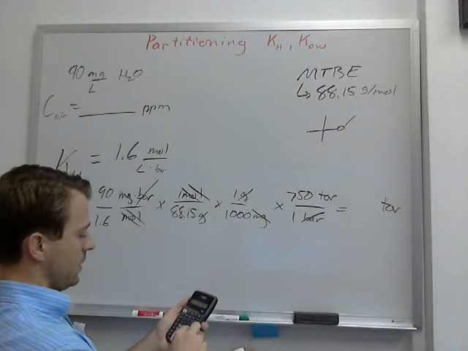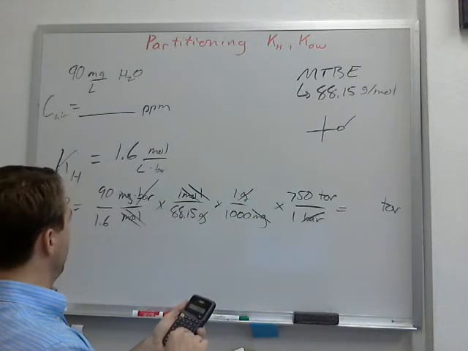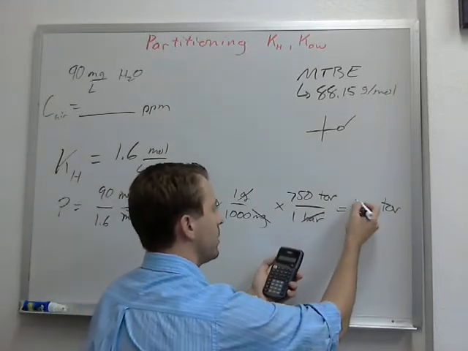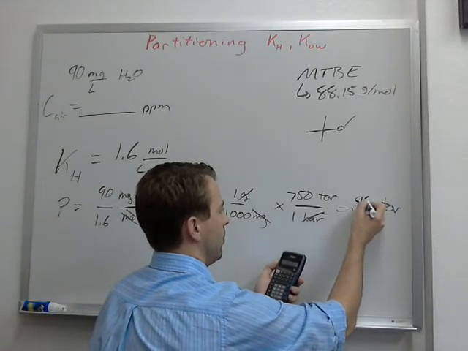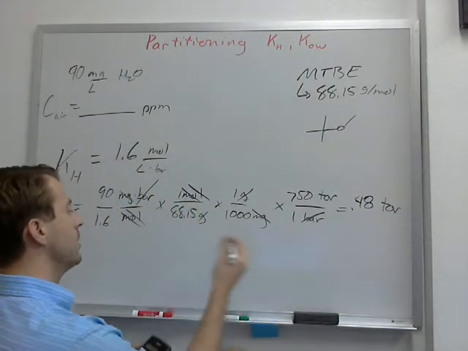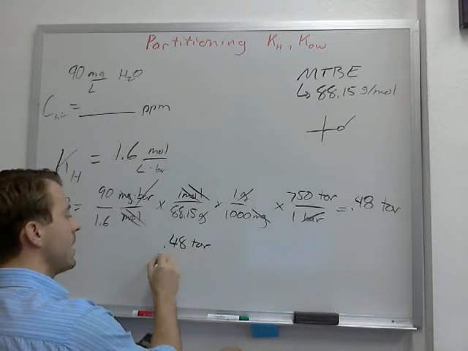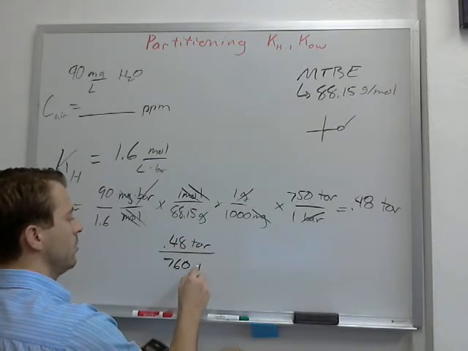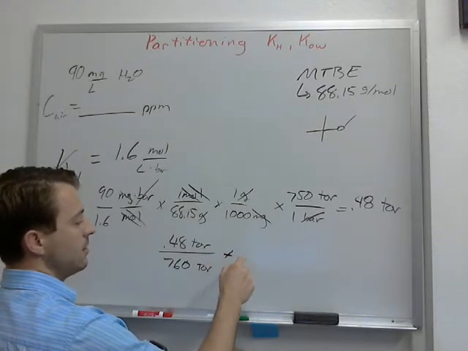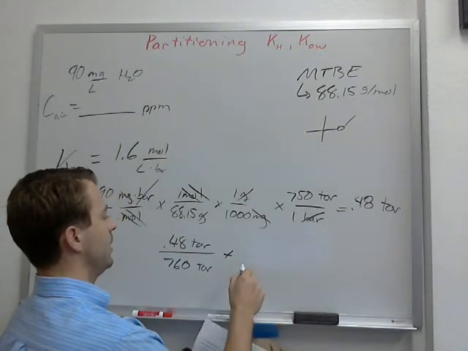So 750 divided by 1,000 divided by 88.15 divided by 1.6 multiplied by 90. We did a lot of dividing there, and we come out to 0.48 torr. If we want to know that in parts per million, we have 0.48 torr out of the entire environment, which is 760 torr, and then if we multiply by 1,000,000, that will give us parts per million.